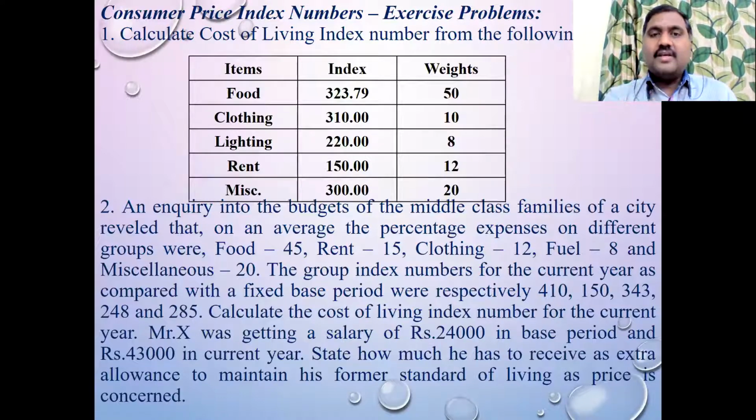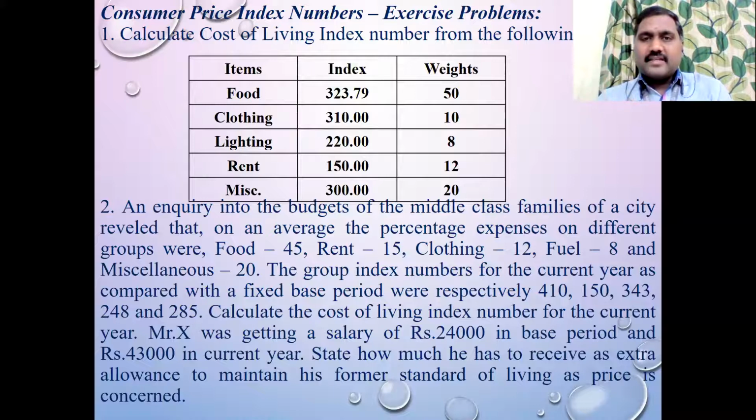Suppose they ask only for the consumer price index number or cost of living index number, and after that they say that a person was getting a salary of this much 2 or 3 years before, but presently he is getting this much salary. What extra allowance should he get along with the present salary so that he can survive?